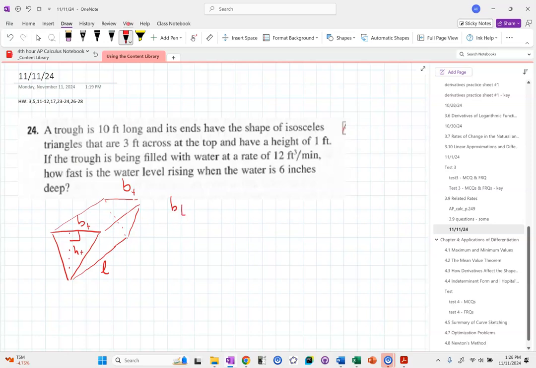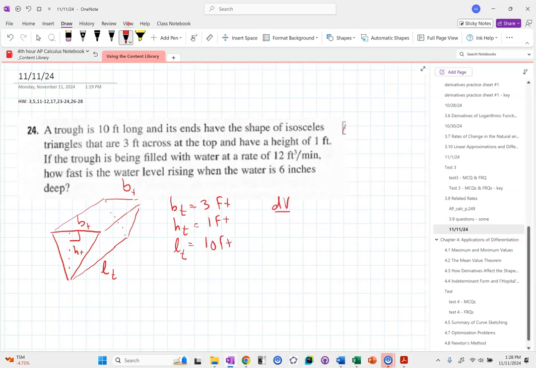So I know the base of the trough is 3. The height for the trough is 1. The length for the trough, and really that length is a constant, right? Whether you're talking about the trough or the water, is 10.